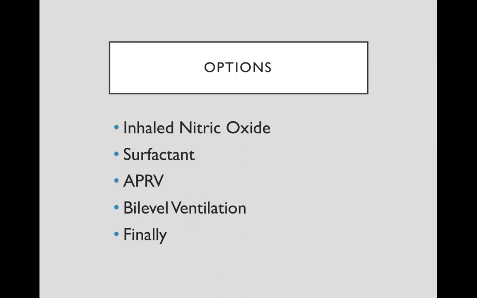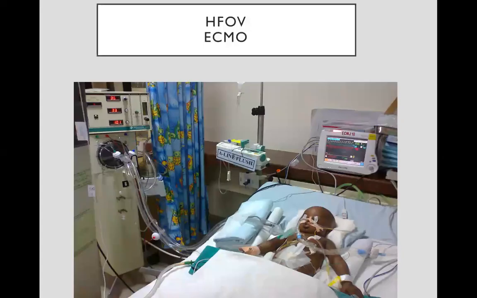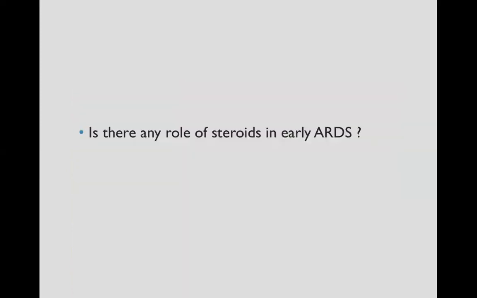Some of them do show a benefit in oxygenation, like nitric oxide, but they don't show any mortality benefit. In practical situations, they are rather difficult to do if you are not familiar with them. If you do not get an improvement in ARDS with your conventional ventilation, then your options are HFOV and ECMO.